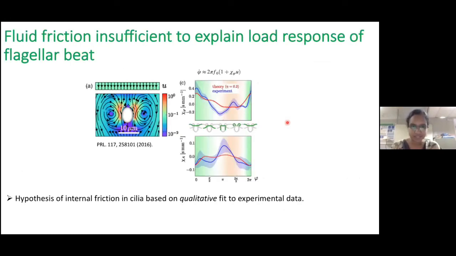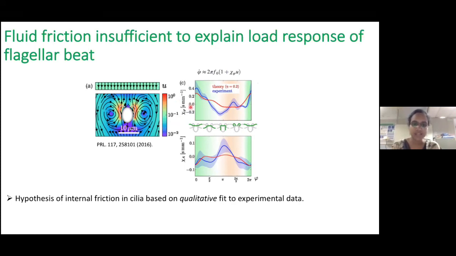Another landmark experiment, in which Professor Benjamin was also involved, was to look at flagellar beating in the presence of steady flow. So instead of applying periodic flows, you apply steady flow, and you measure the changes in the flagellar beating, in particular changes in the amplitude and changes in the phase.